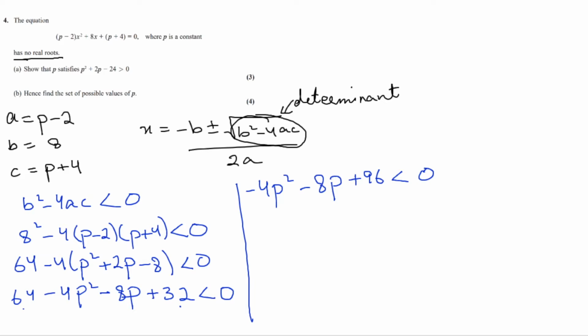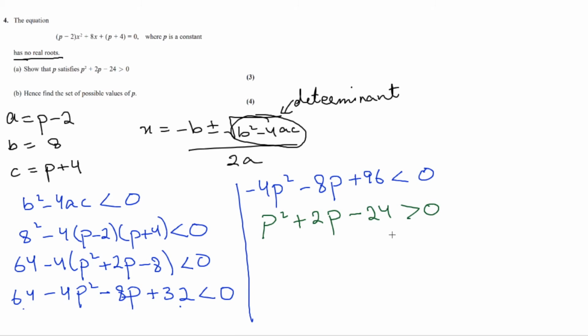Negative 4p squared divided by negative 4 gives me p squared. Negative 8p divided by negative 4 is positive 2p. And 96 divided by negative 4 is negative 24, greater than 0.